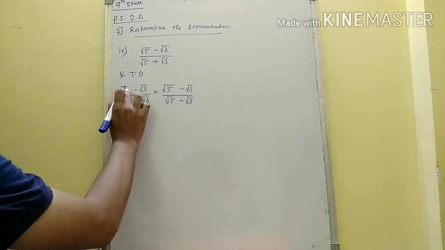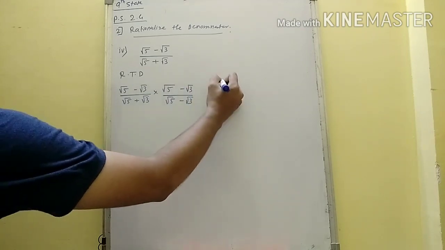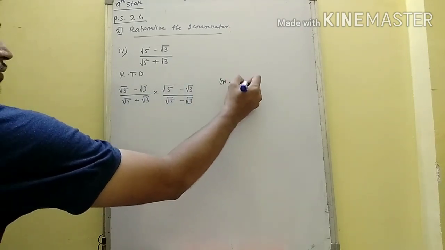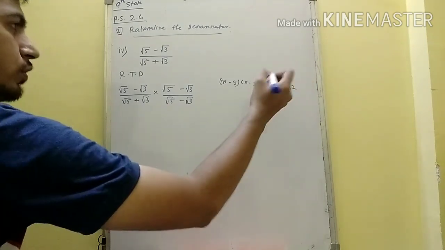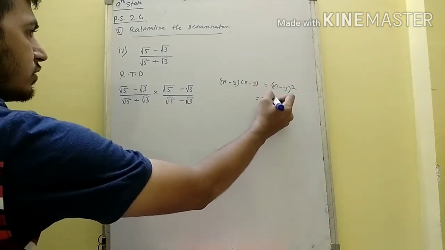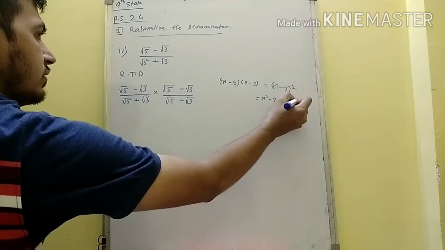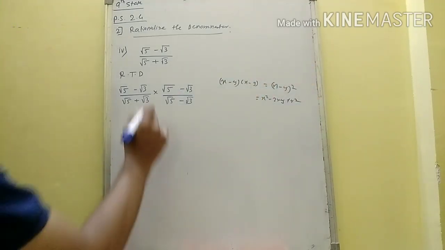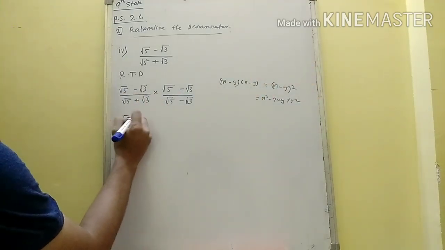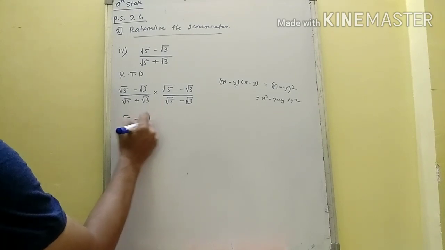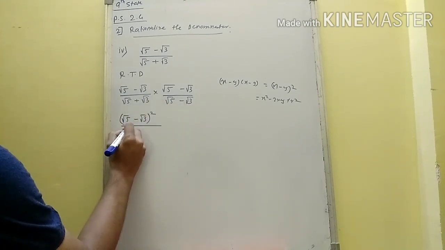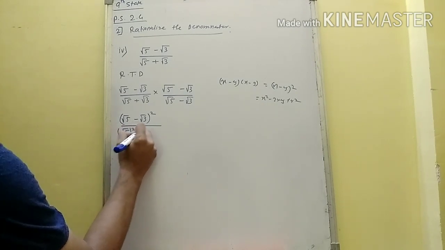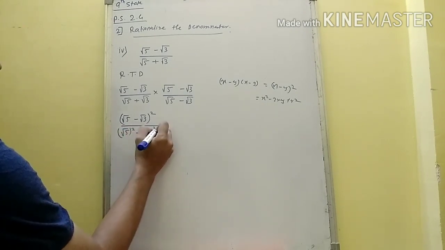Okay, so you can see the first term and first term is same. See, x minus y and x minus y, there are two times. It can be written as x minus y the whole square, which is nothing but a square minus 2ab plus b square. So this can be written as square root of 5 minus square root of 3 the whole square upon a plus b, a minus b, which can be written as a square minus b square.